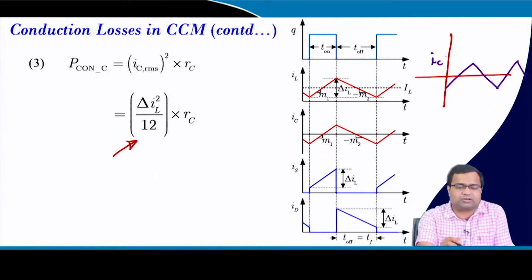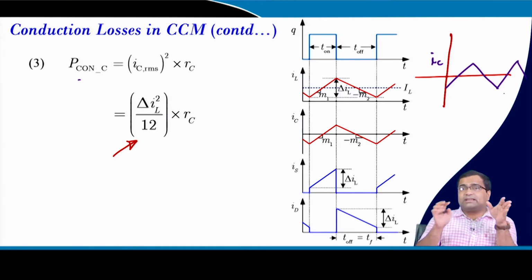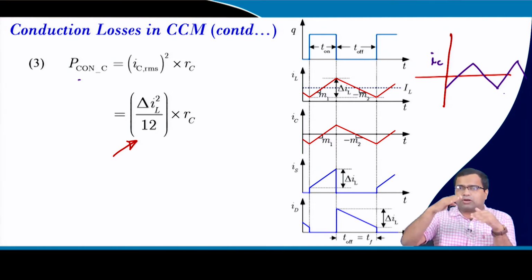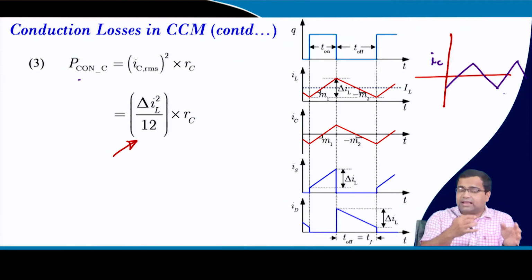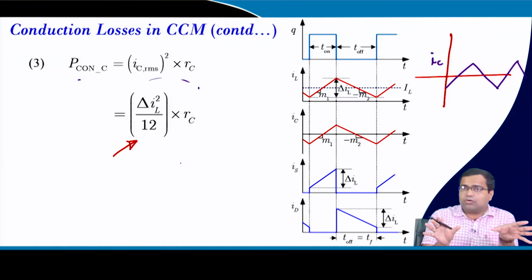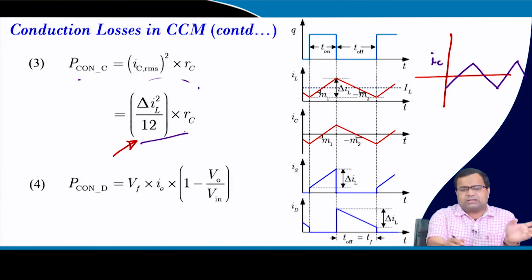Under synchronous configuration, if you continue to operate the converter in CCM mode, as I said in PWM dimming, you want to turn the LED on and off very fast, so you may need to operate in CCM continuously. In that case this loss may not be very low when you are talking about almost no load condition. Otherwise, for nominal condition, the capacitor ESR loss is negligible.